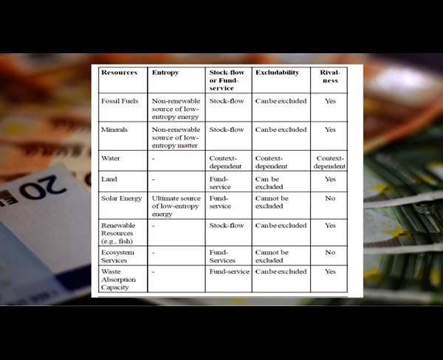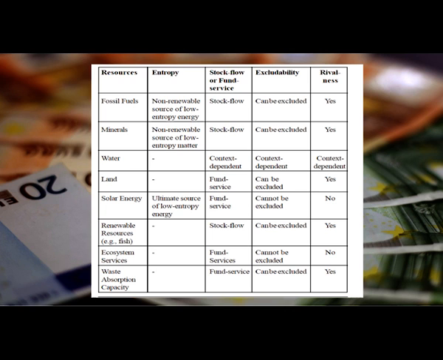Water has no entropy value, and it is context dependent whether it is a stock-flow or fund-service resource. In the same way, excludability and rivalness also depend on context, which you will find out when we study that. We have learned the definitions of stock-flow, excludability, and rivalness.